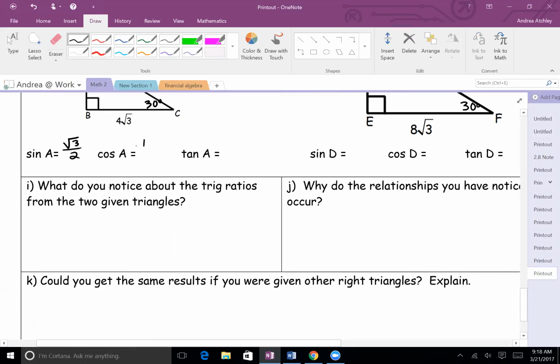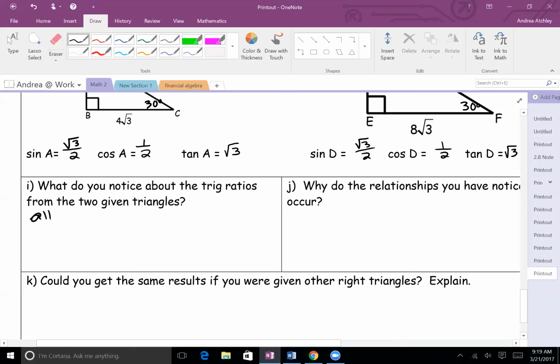The cosine was 1/2 when we reduced. And then the tangent was just the square root of 3 when we reduced. Same with the sine of D, square root of 3 over 2, 1/2, and then tangent was square root of 3. Any questions over that? We're good?